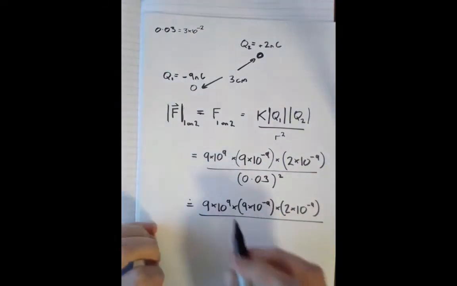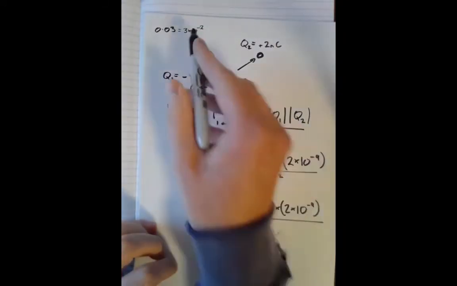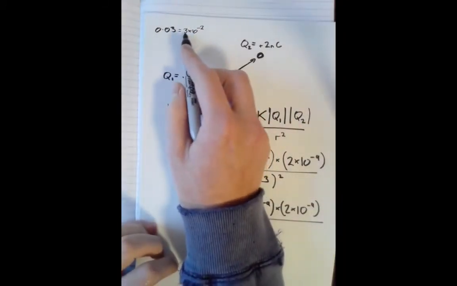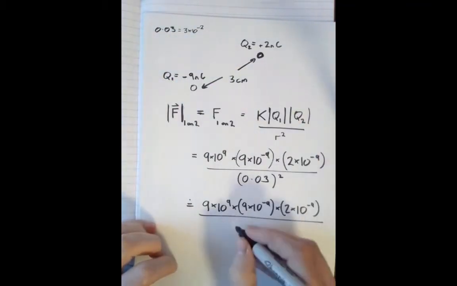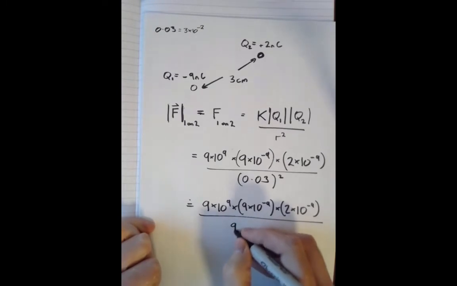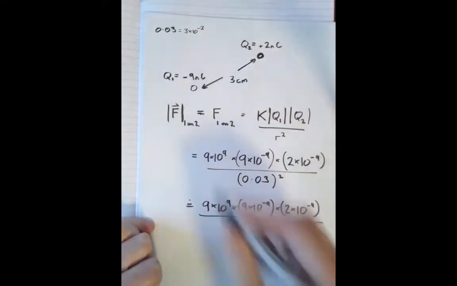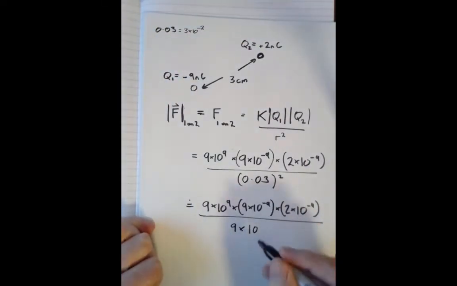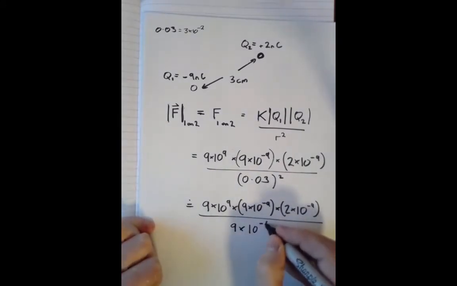When we square that, written in scientific notation, you square the number in front of the power of 10, so 3 squared is 9, and then you square the power of 10, which means doubling the exponent. So we've got 9 times 10 to the negative 4.